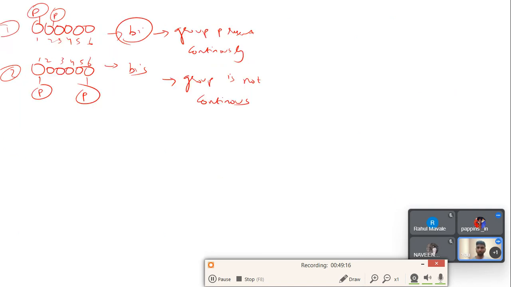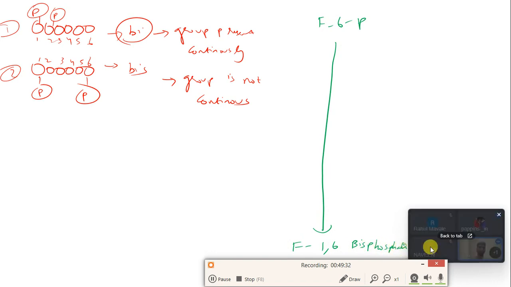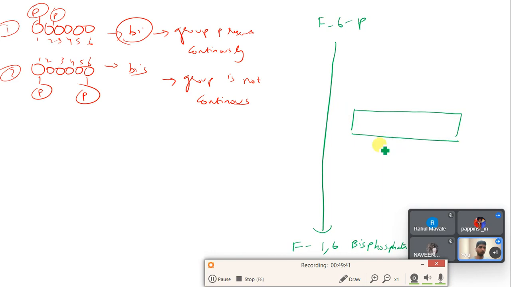Now, fructose 6 phosphate to fructose 1,6 bisphosphate. Please tell me the enzyme that is involved here. What is the enzyme involved here?